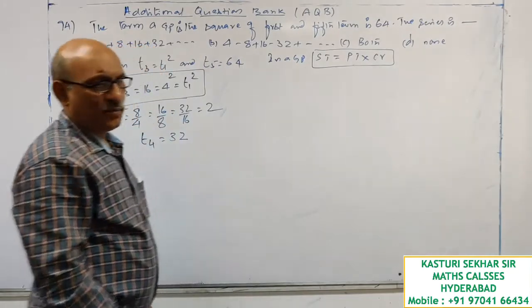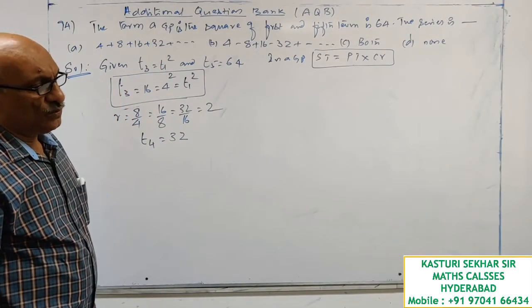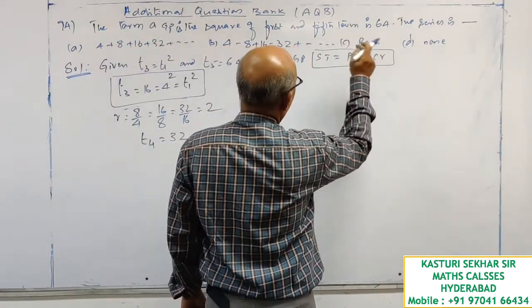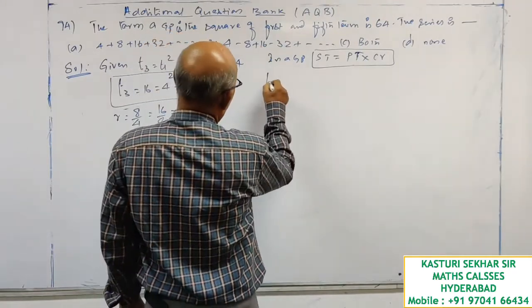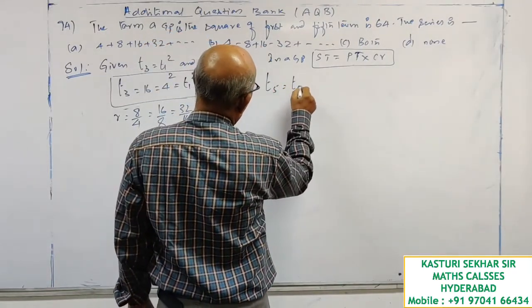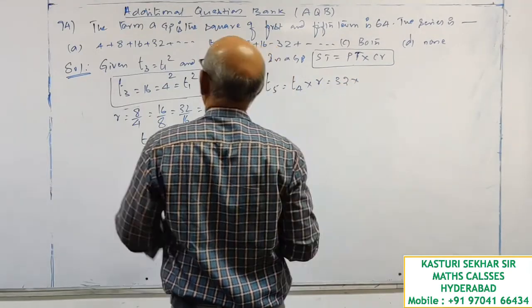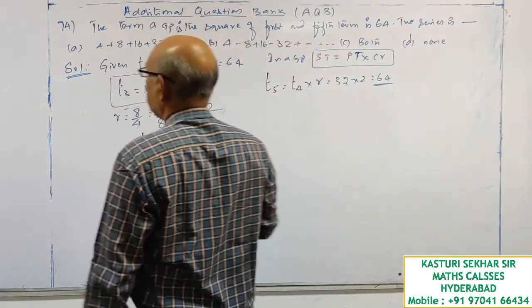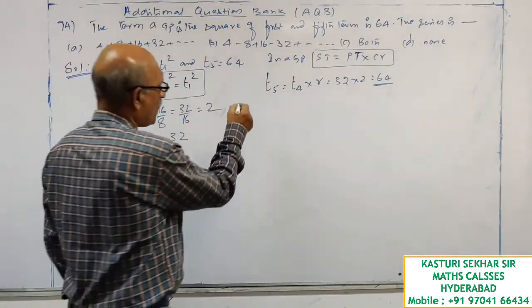So T5 is equal to T4 into common ratio. T4 is 32 into 2, 64. Option A has satisfied all the conditions given in the problem.